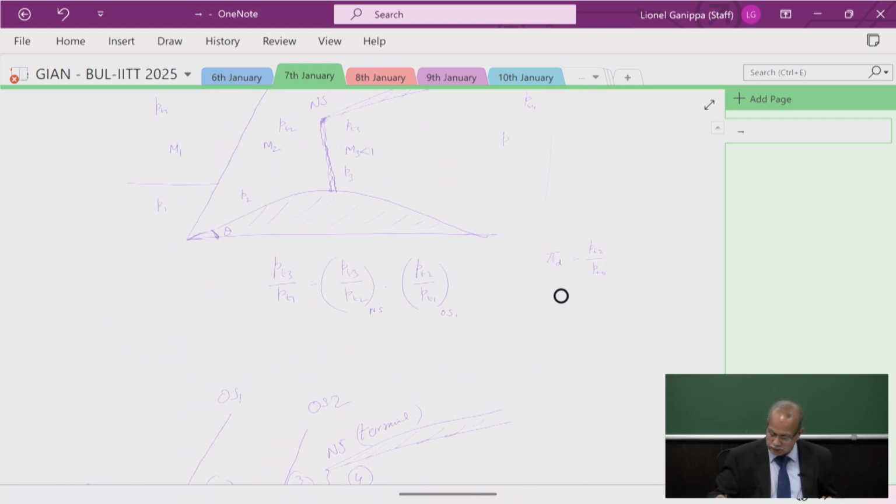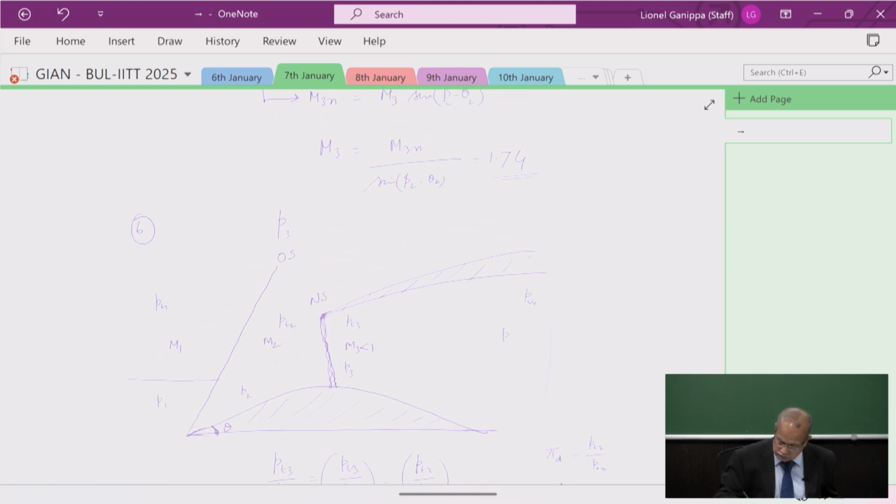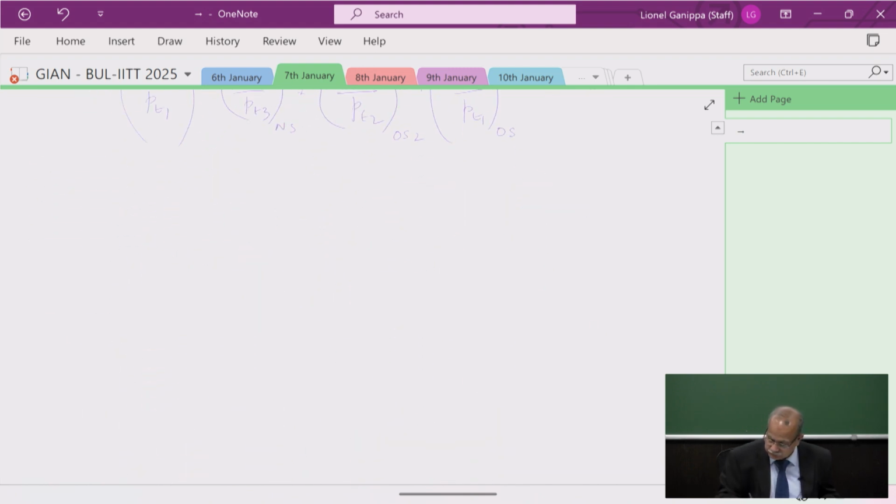Understood? So to solve this problem, problem number 6, you first draw this one part. Have this as part A, give the label oblique shock 1, and then give the title normal shock. Then find out what is PT3 by PT1. Then go to part B of the problem. Give the title oblique shock 1.